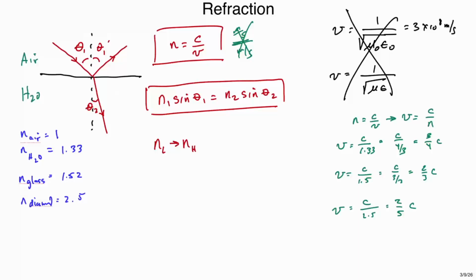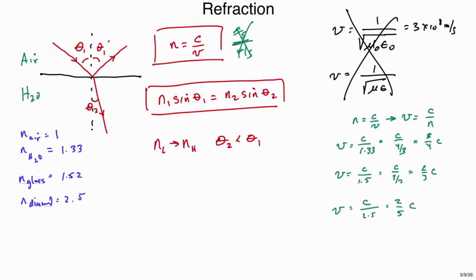What matters is, are you going from a value that's smaller to a value that's bigger, or vice versa? So with Snell's law, when you go from a lower index, like air, into water, which is higher, your angle of refraction is always going to be smaller than the angle of incidence. So let's say our angle of incidence was 45 degrees. What are we guaranteed to have happen? What do we know theta 2 is going to be?